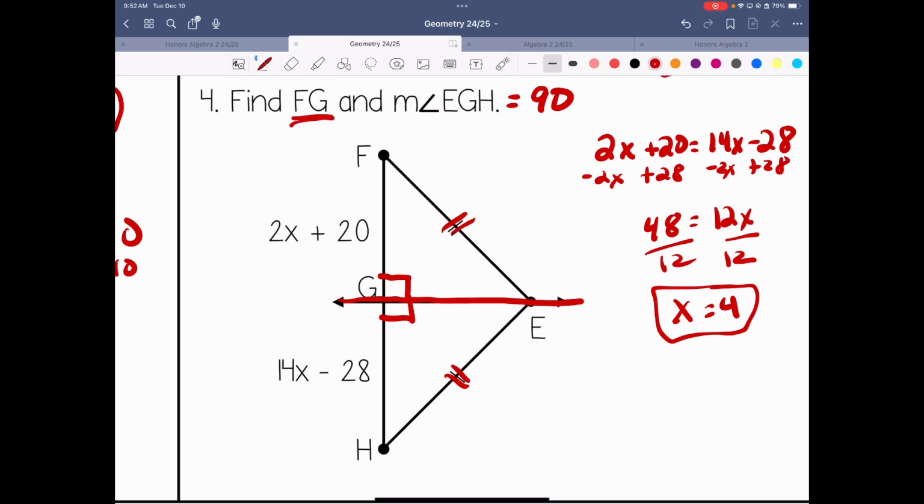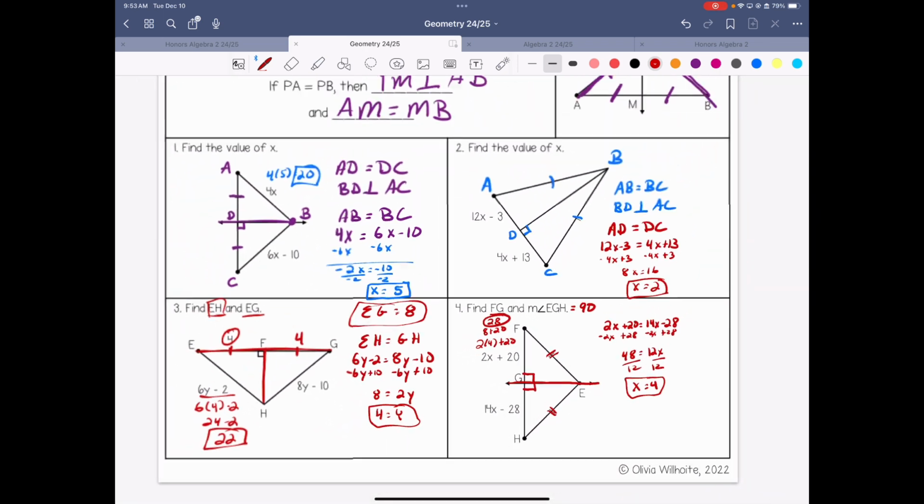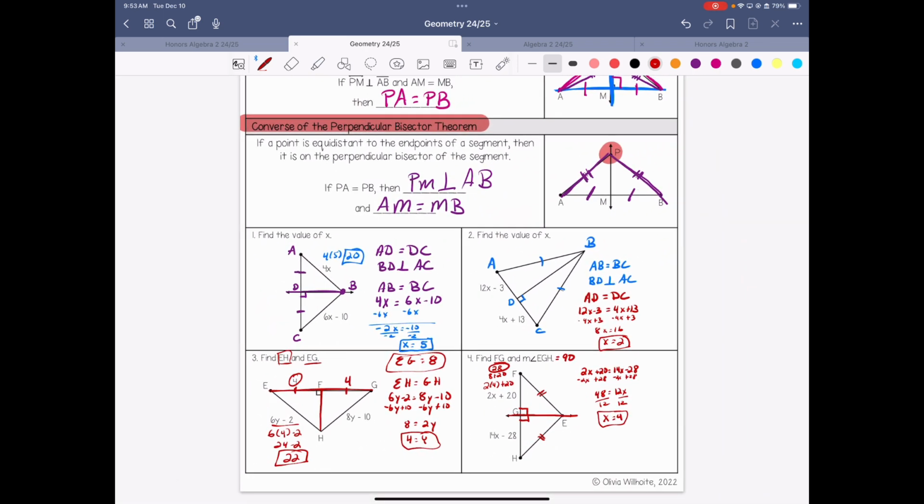But it wants to know from F to G. So 2 times 4 plus 20. 8 plus 20 is 28. Any questions so far with perpendicular bisector questions?